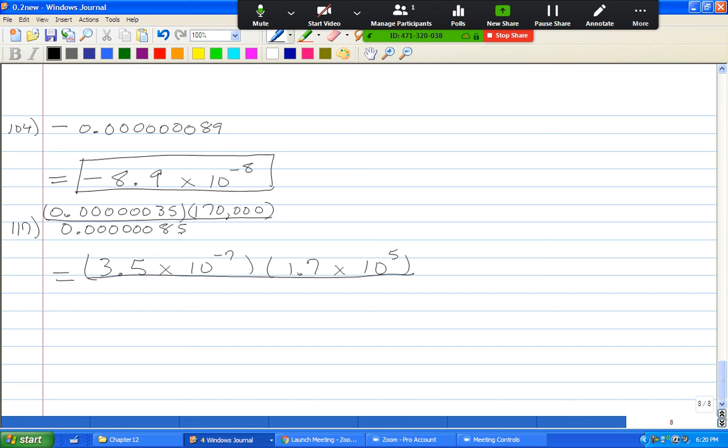And that's right. The 0.0085 is 8.5 times 10 to the power, 2, 4, 6, 7. Oh, 7. Okay.